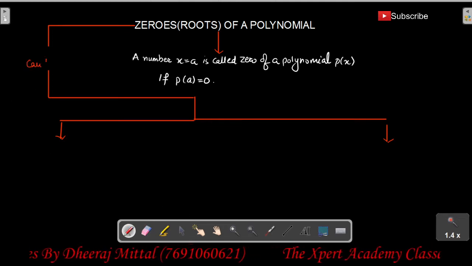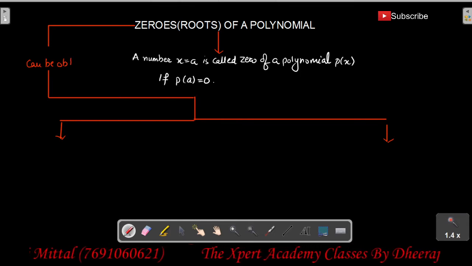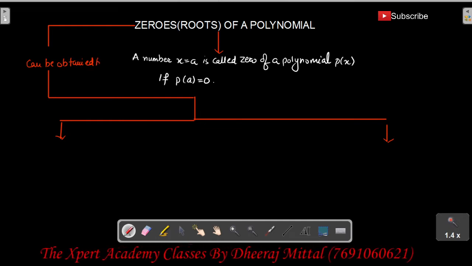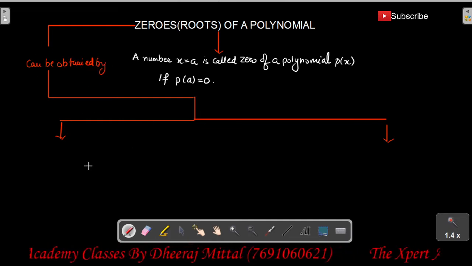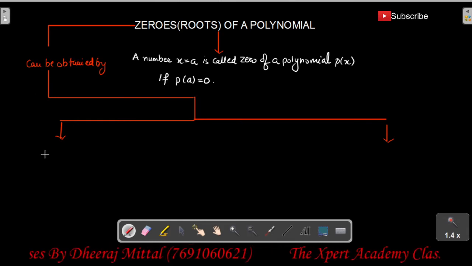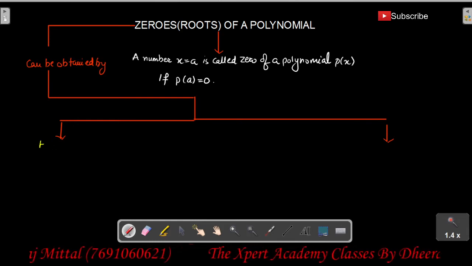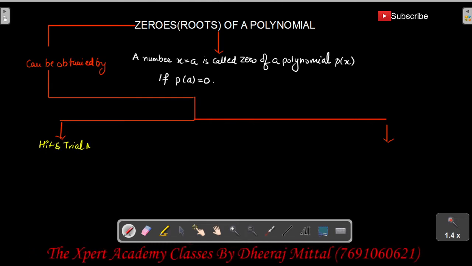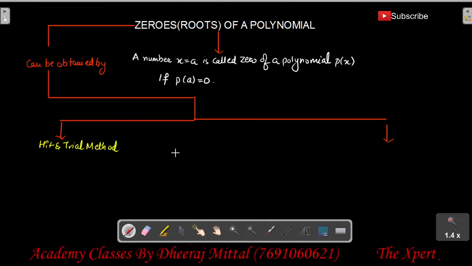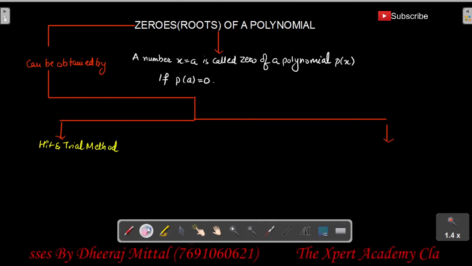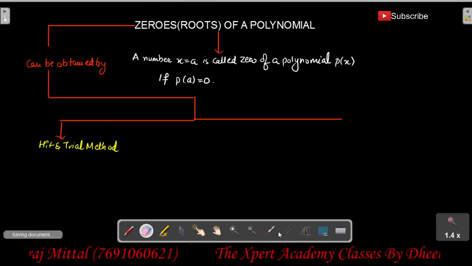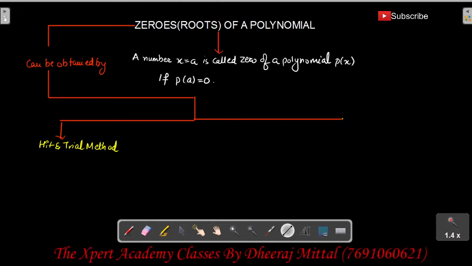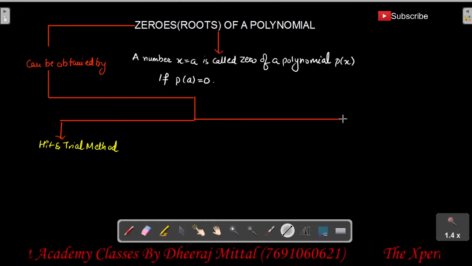Zeros of a polynomial can be obtained by these two methods. The first method is the hit and trial method, and the other method is solving the equation.